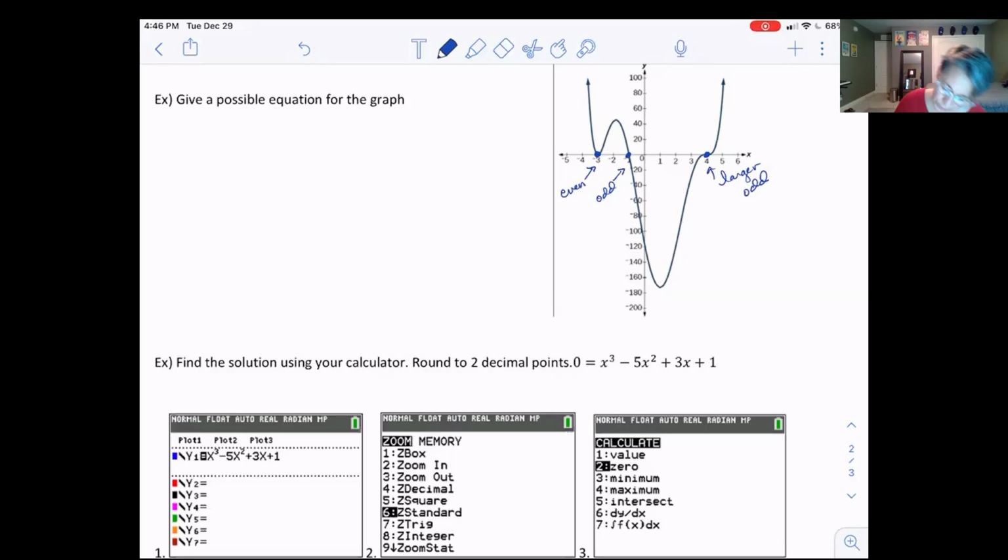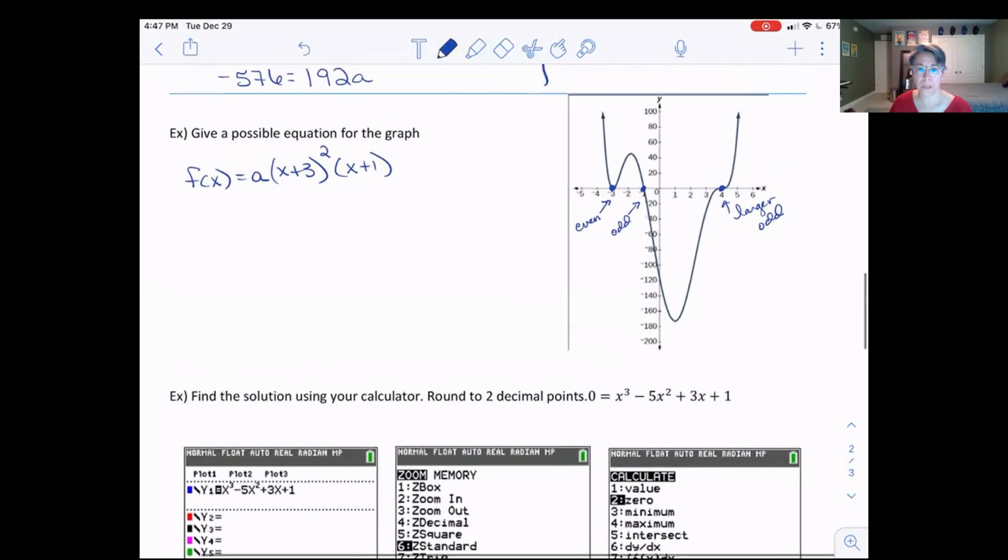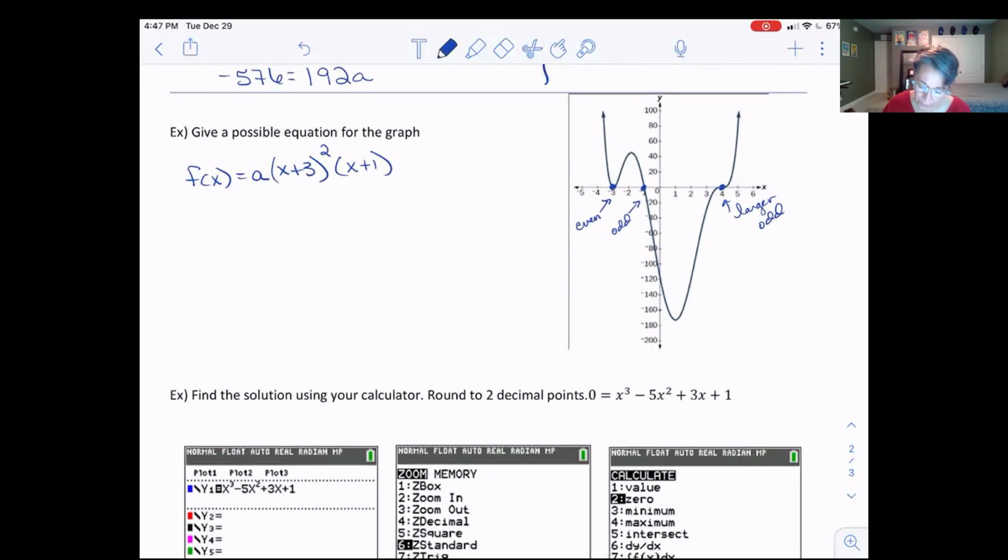So we can start with f(x) equals a. Our first one is -3, so that gives us an (x + 3), but we know it's at least even, so we can square it. The next one is odd at -1, so (x + 1). Now right there, that gives us only 3 x's, right? But we know the fact that it is opening up in both directions.